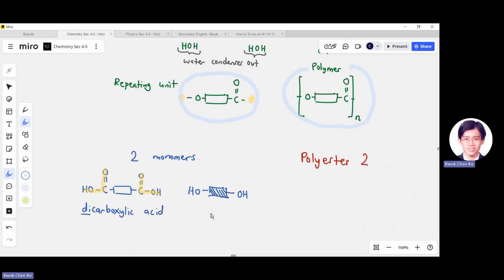Hopefully you remember by now, you have two hydroxyl groups or two alcohol groups. So this is called a diol. Even though there's an exact name, it's outside your syllabus.